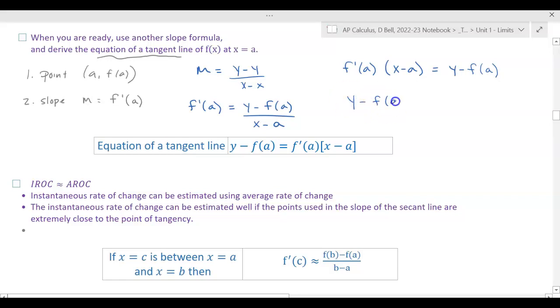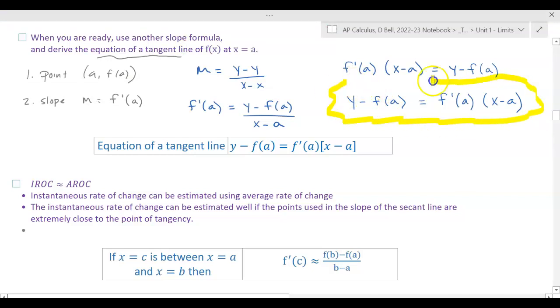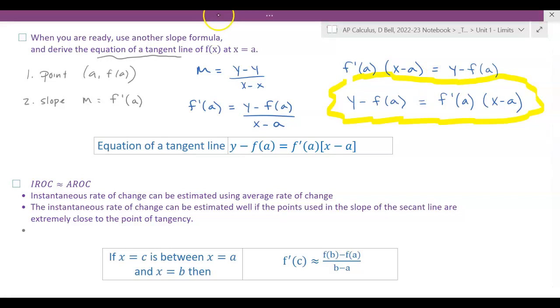And now I can rewrite it with my y's on the left and my x's on the right. So y minus f of a equals f prime of a times x minus a. And this should look very similar to our point slope formula, because again, what we need is one point and the slope.